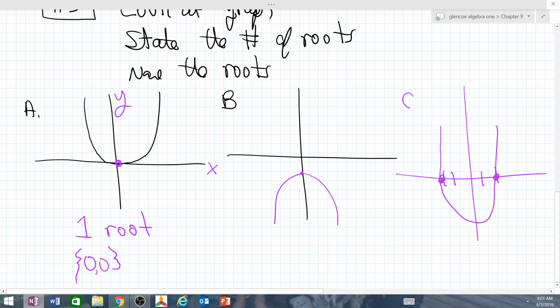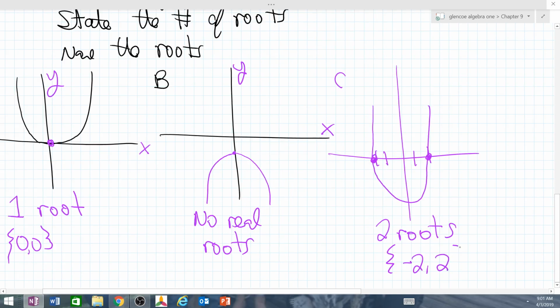Remember, quadratic equations can have one root, two roots, or no real roots. And graph C touches the x-axis in two places. There are two roots, and if we were to name them, they would be -2 and +2. That is what you need to know from 9.3.